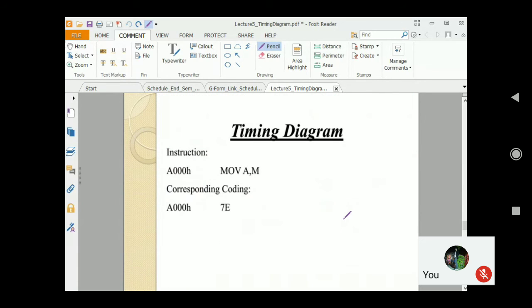So again, the instruction of here, move from the A to A, M to M, memory unit से A में डालना है वो command, and particular address line in this, and this for this particular mnemonics particular opcode is this one.